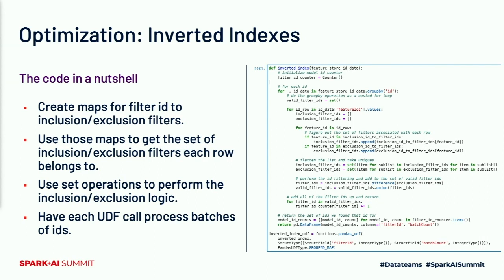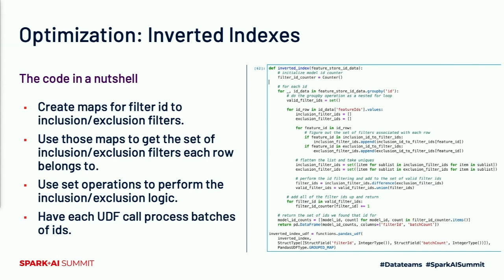So we're not going to include it in this slide, but I have constructed these dictionaries where for each possible feature you might care about, I know which corresponding inclusion and exclusion filters you belong to.